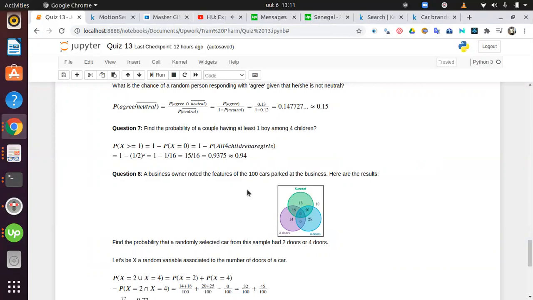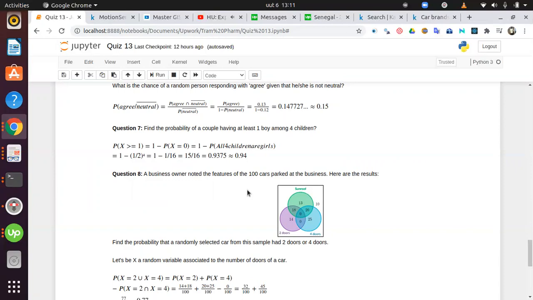No, X is the number of boys amongst the 4 children.